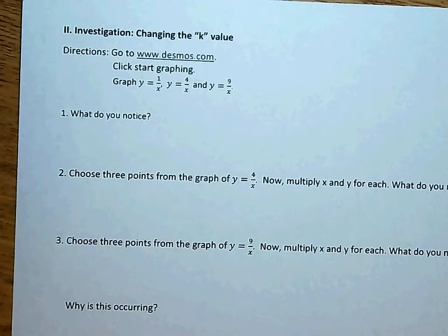Not for Desmos. That's it right there. Asymptotes. Yep, there you go.